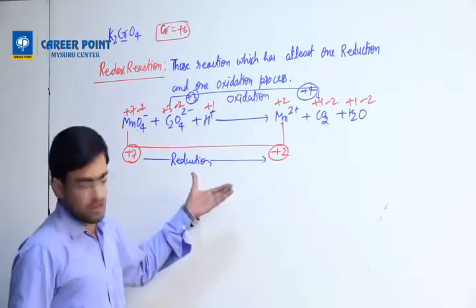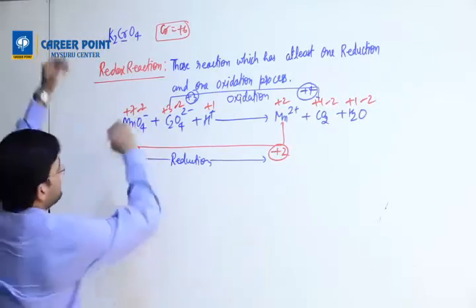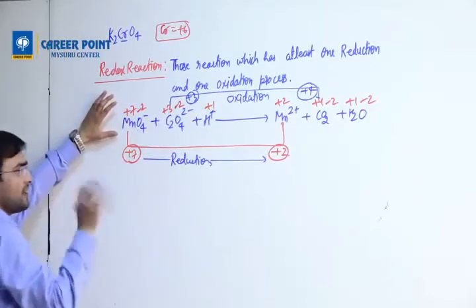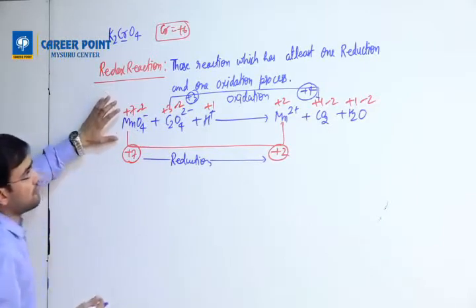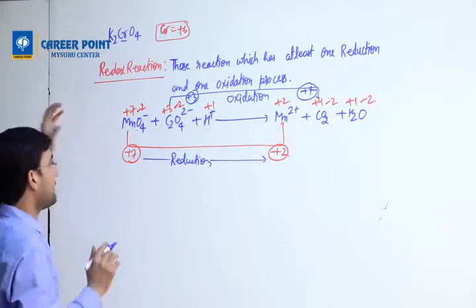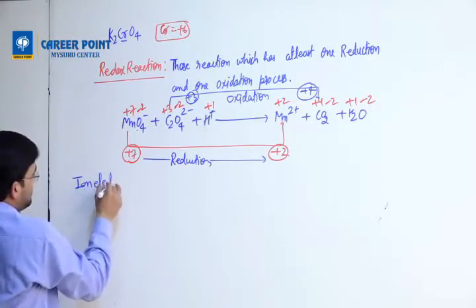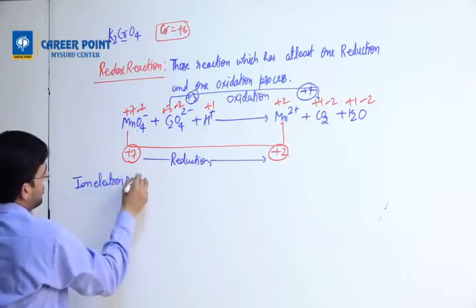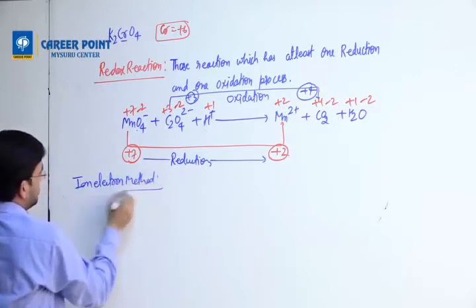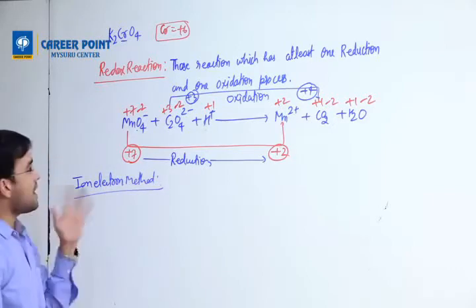The reaction is not balanced. So how do I balance it now? There are methods to balance a reaction. The easiest method I will teach you is known as the ion electron method.